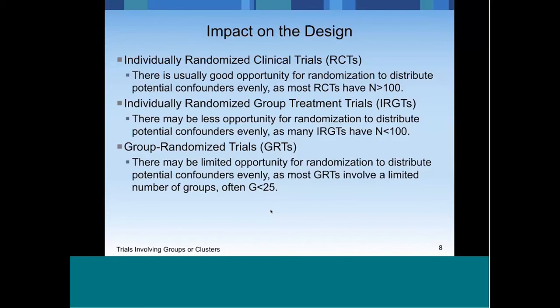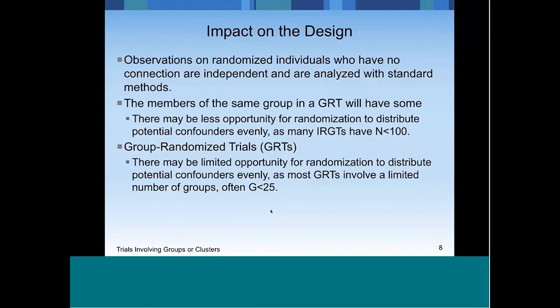That's also true in individually randomized group treatment trials, as many of those also have more than 100 participants. It's generally not true in a group randomized trial, where the modal number of groups in each arm is 20 or 25, and so the opportunity for randomization to work is more limited.